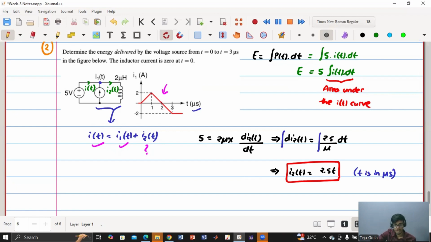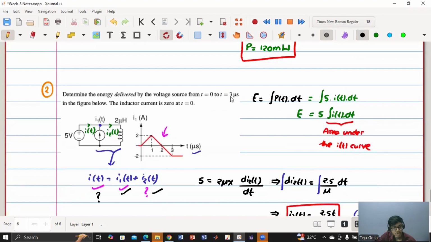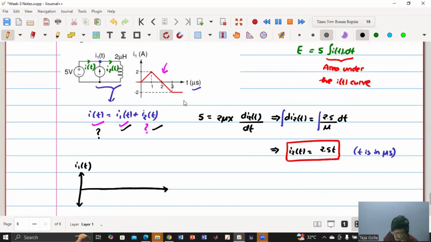Yes, sir. So now let me draw I1 of t. So this part is very clear. So I have I1 of t, I have I2 of t. Now we have to find I of t. So for that, I'll add the curves of both. So this is I1 of t, and in the question they have asked for energy till 3 microseconds. So I'll only bother about these currents till 3 microseconds.